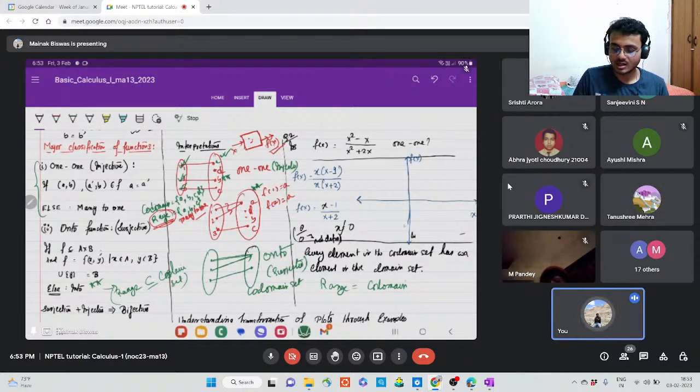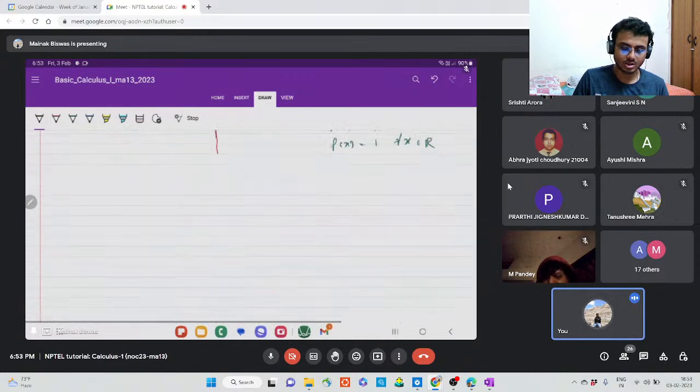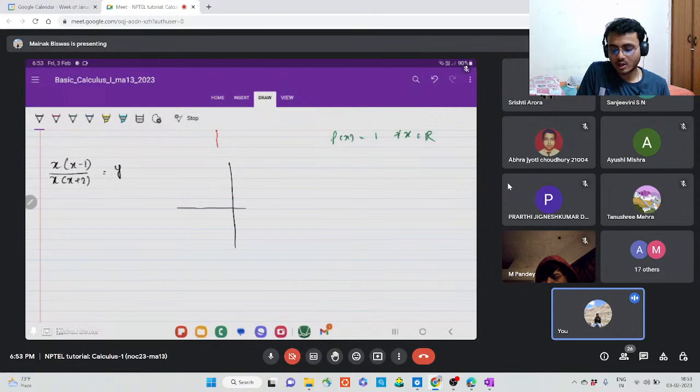Okay, maybe I'll draw the final figure here. There's not a lot of space there, so let's do it here. So x into x minus 1 by x into x plus 2, right? This is your y. You're told to plot this function in order to know if it is a 1-1 function, many-1 function, and so on.